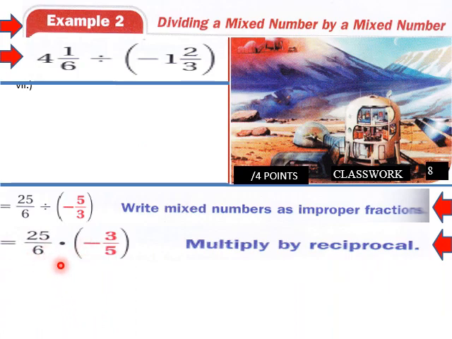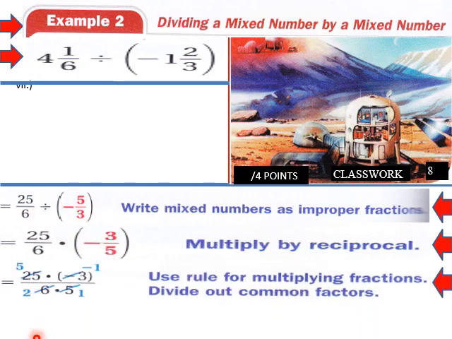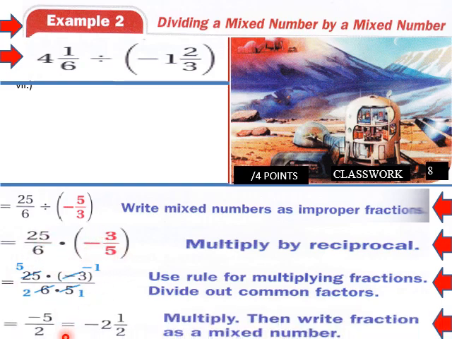We invert and multiply. We invert this and multiply it. We do our canceling here. That cancels, that cancels. And we get negative 5 over 2. As a mixed number, it is negative 2 1/2, our solution as the quotient.